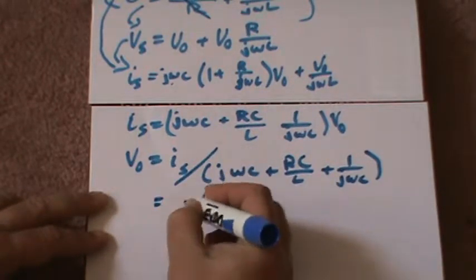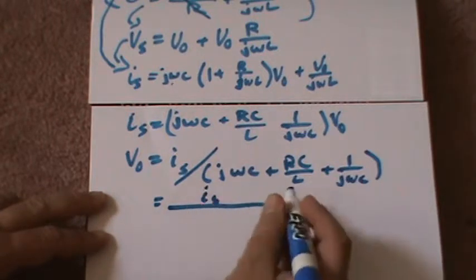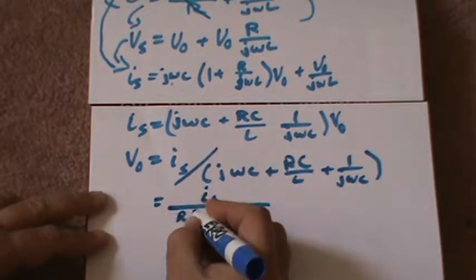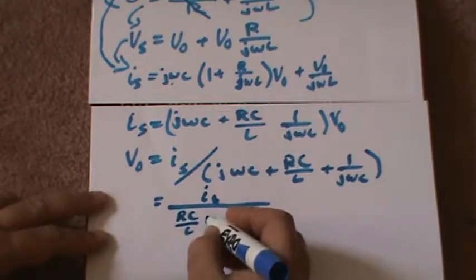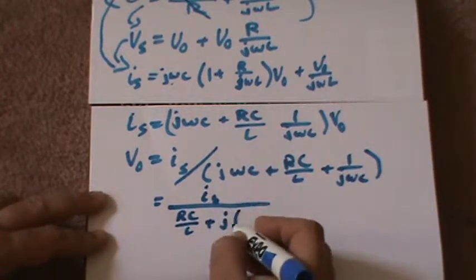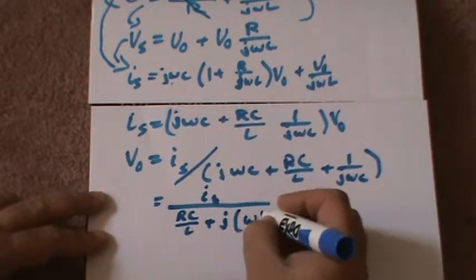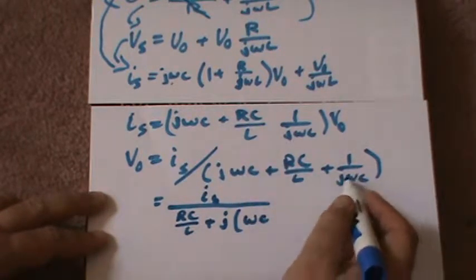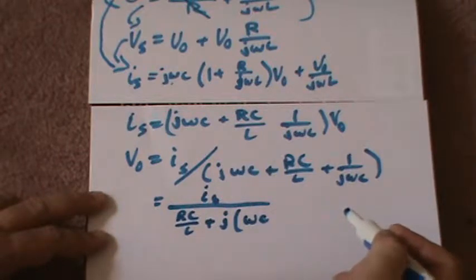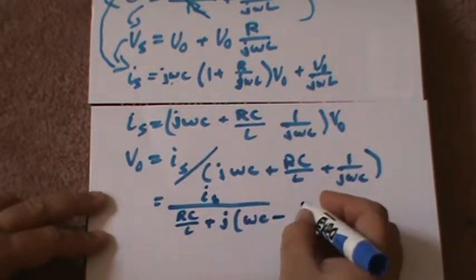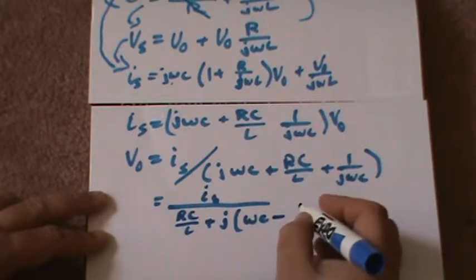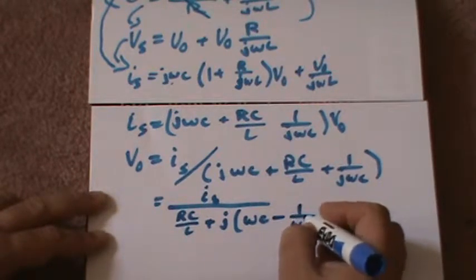I've got IS, draw this more properly now. Put the real part first, RC over L, and then plus j, the imaginary part, times an omega C here. I can take the j up on top, which will just give me minus j, and pull the j out, so I have minus, and that gives me 1 over omega L.